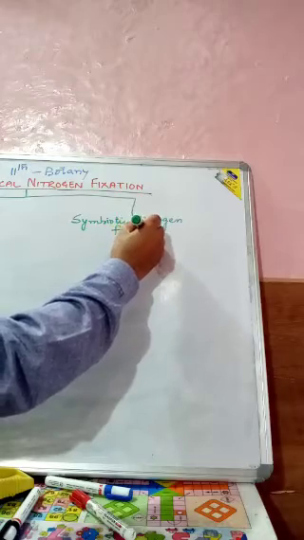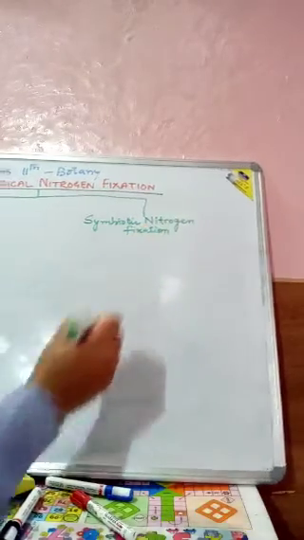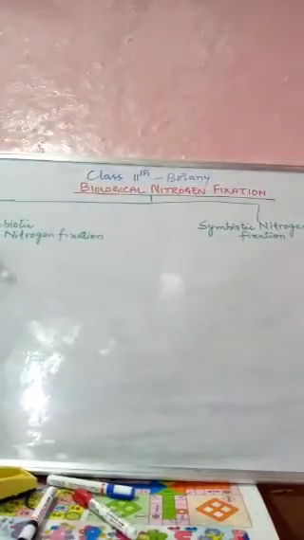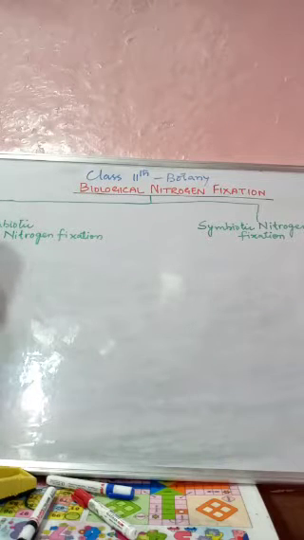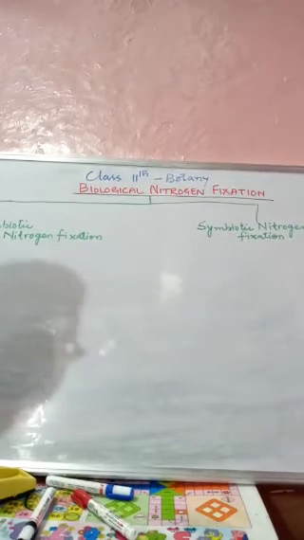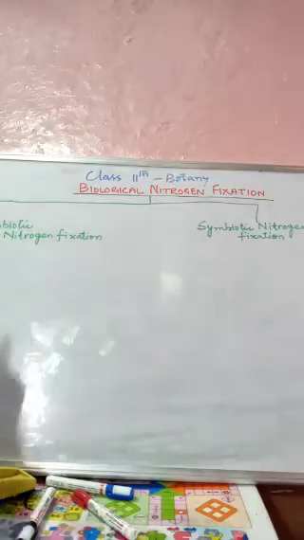So this biological nitrogen fixation can be discussed under two headings: non-symbiotic nitrogen fixation, and the second one is symbiotic nitrogen fixation. Now what happens in this non-symbiotic nitrogen fixation?